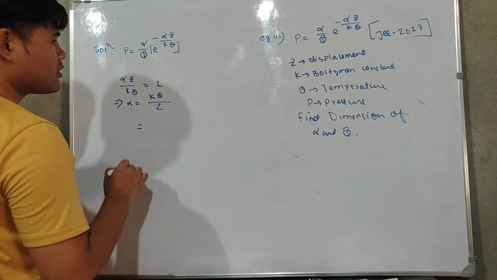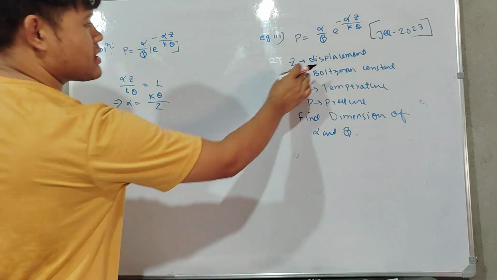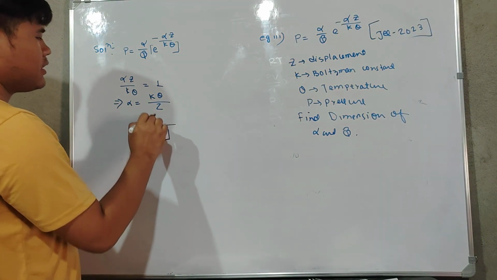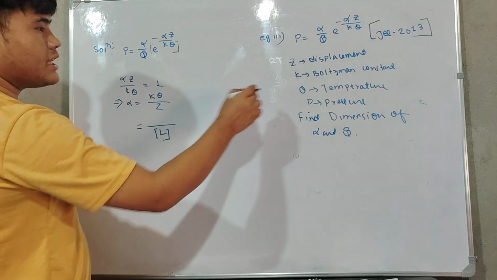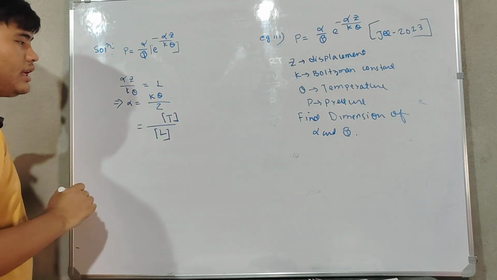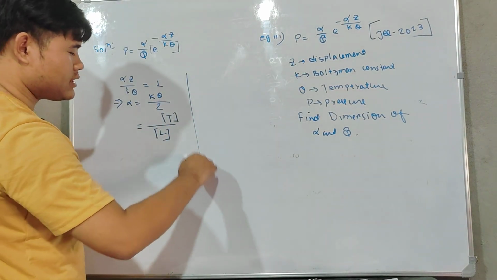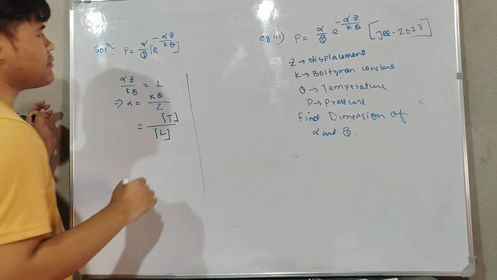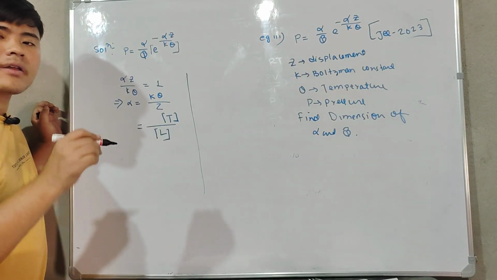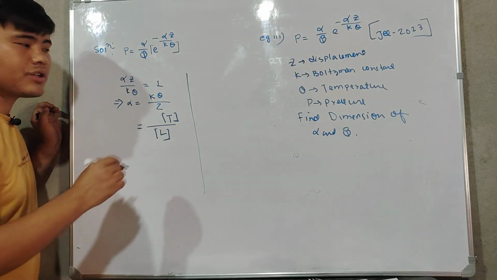Now see what z is. Z is displacement, so it will have the dimension of L. Theta is temperature, so it will have the dimension of theta. Now k. Yes, k is the Boltzmann constant, which is the same as the universal gas constant.